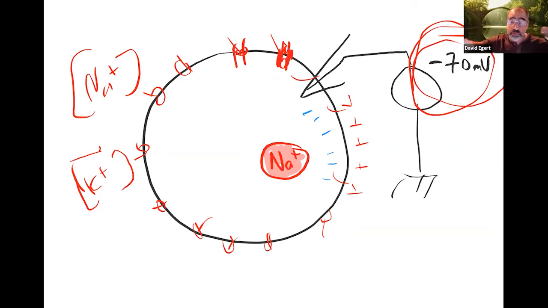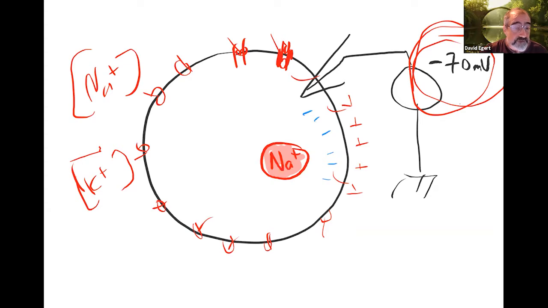We're going to see there's a big shift from primarily potassium permeability to sodium permeability, which is going to radically change the equilibrium potential that things are going to run to. So it'll all become clearer as today unfolds.